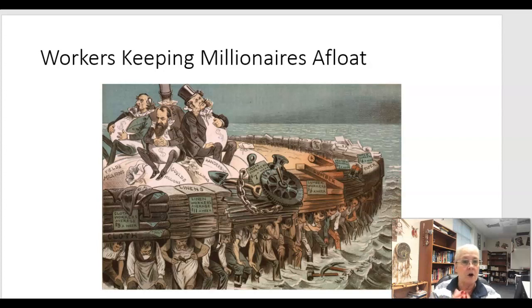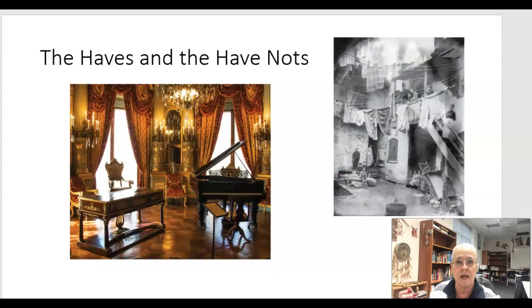There's going to be this total separation between management and the worker, and the workers are going to become just fodder for the machine. And you're going to wind up with the haves and the have-nots. So I've given you a picture here in this next slide. The haves would live in luxury, and the have-nots would live in squalor, because that was all that was available.